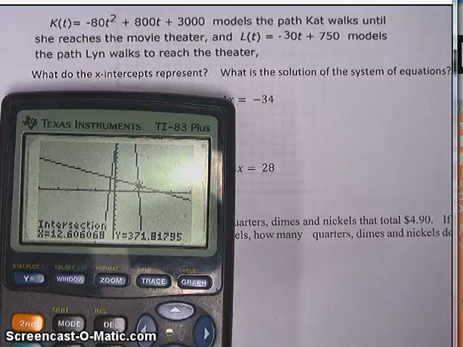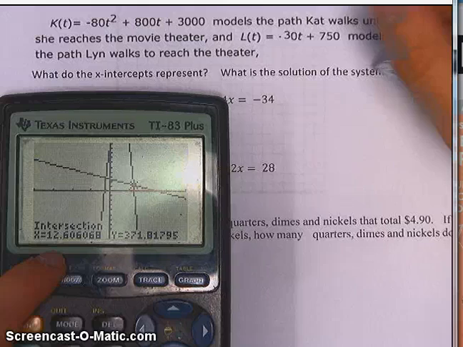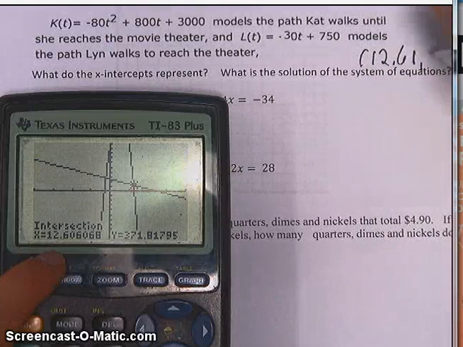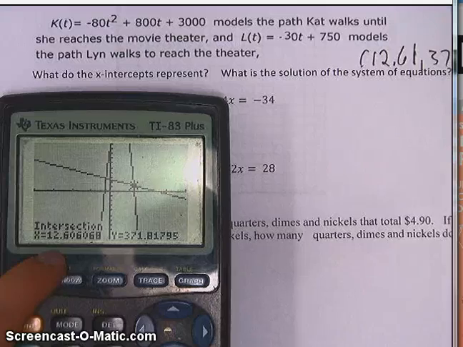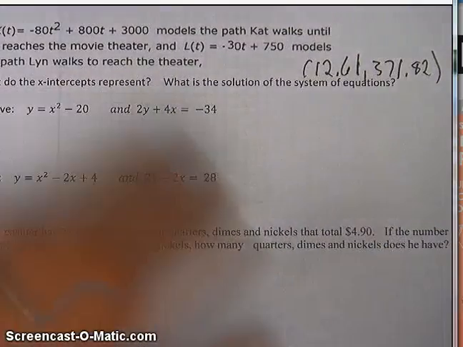And so my solution is going to be x equals 12.61 and y equals 371.82. And that's the solution. That's where these lines cross.